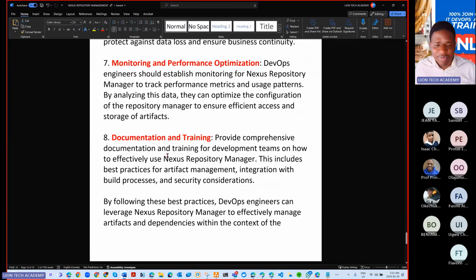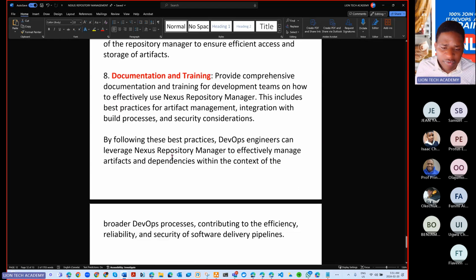Documentation and training is one of my favorites. You find yourself working for companies who don't know what they're doing. And because of your skills, they're going to depend largely on you to guide them on the right thing to do. So please, go through this document.